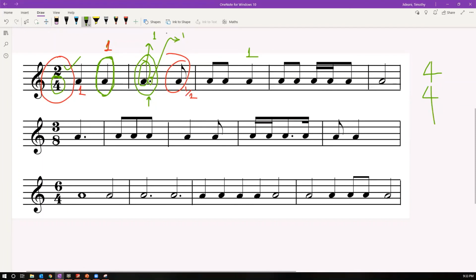Because we take this as a whole, we call it a dotted crotchet. A dotted crotchet will then have 1 plus the half it's adding, so we have 1 and 1/2. So the value of this note is 1.5.